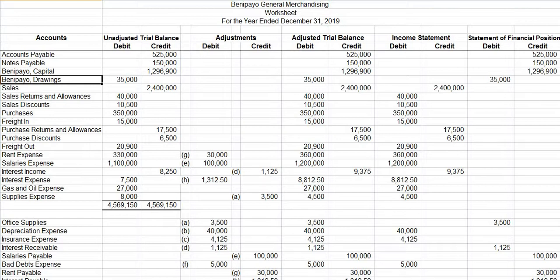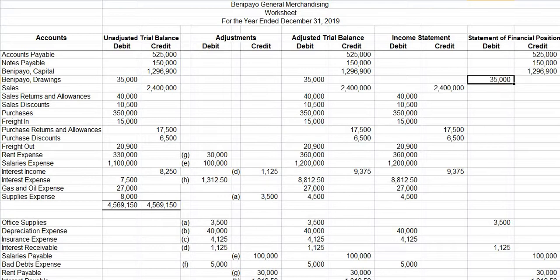But since we do not have columns for the statement of changes in owner's equity here in the worksheet, this 35,000 pesos debit balance under the adjusted trial balance must be forwarded to the debit column under the statement of financial position. Because strictly speaking, the account name drawings is part of equity, being the opposite of making an investment into the business.